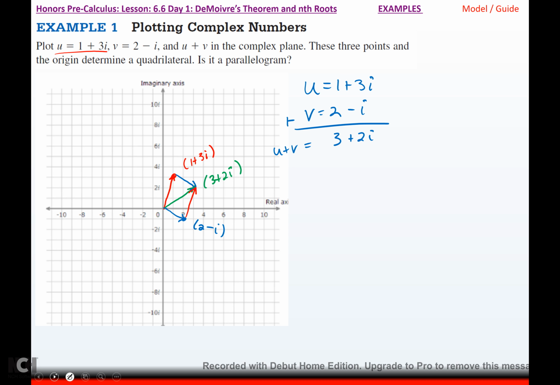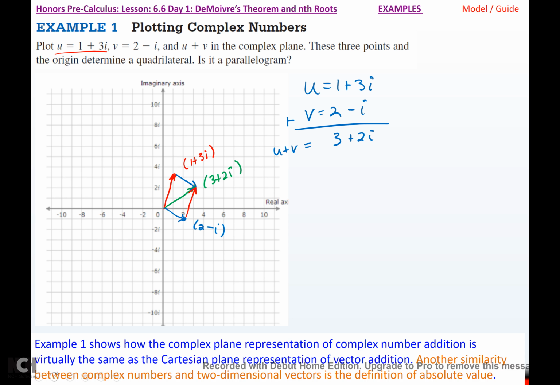And so what we have just discovered is that it shows how the complex plane representation of complex number addition is virtually the same as the Cartesian plane representation of vector addition. If I took the red and added it to the blue, I get the green. Remember, we did that a bazillion times. Okay?